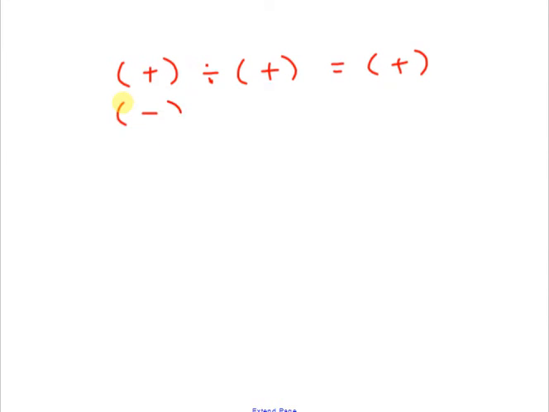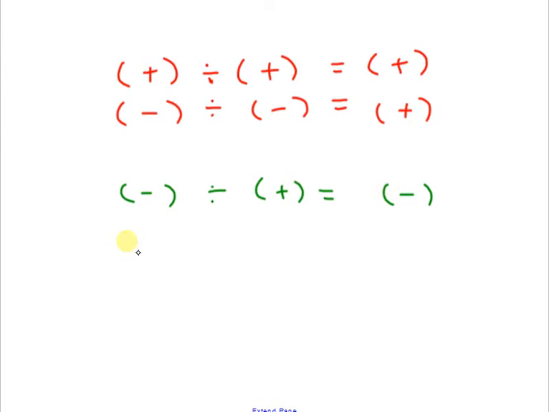When you have a negative number divided by another negative number, your result will also yield a positive number. Now on the other side, when you have a negative number divided by a positive number, your answer will be negative. And when you have a positive number divided by a negative number, your answer will be negative. So to summarize, if you have the same sign, your answer will be positive, and when you have different signs, your answer will be negative.